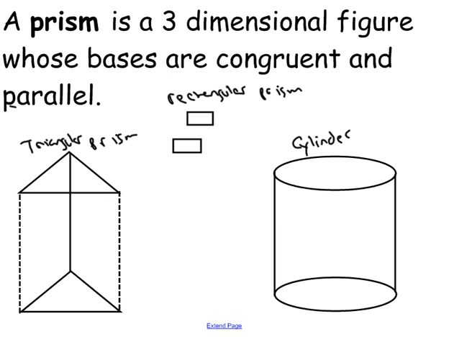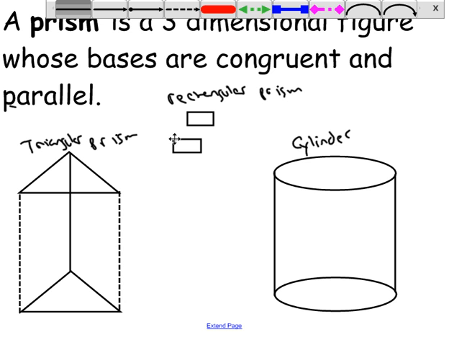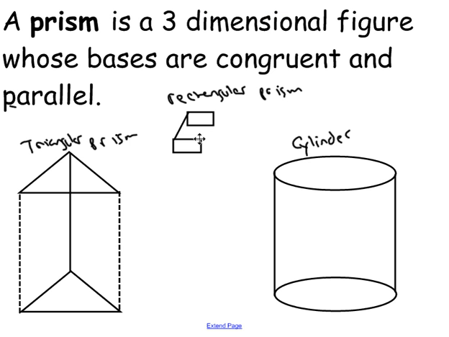Try to make them both congruent. All right, those are congruent bases, right? That's the definition of a prism, and you make it a three-dimensional figure, and that's what a prism is. So a prism is a three-dimensional figure whose bases are congruent and parallel.